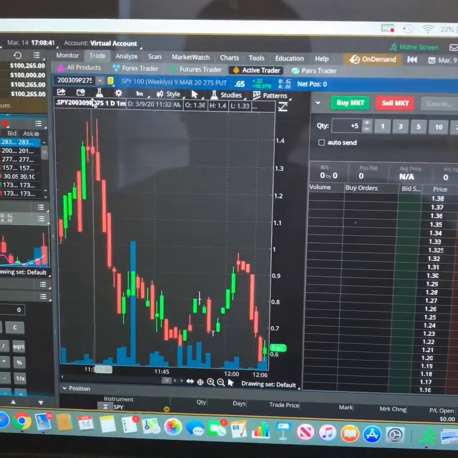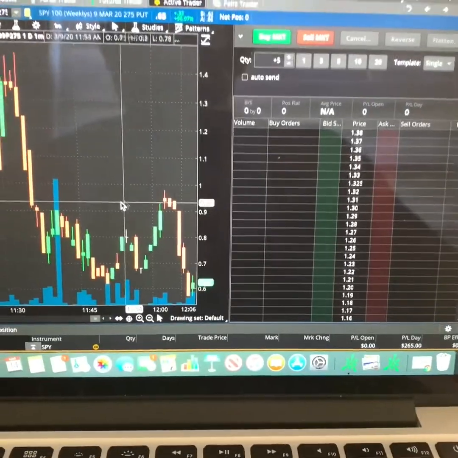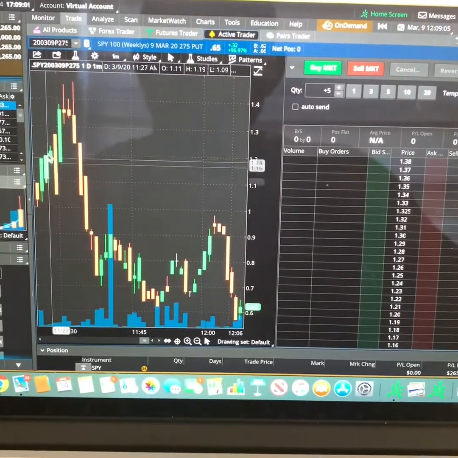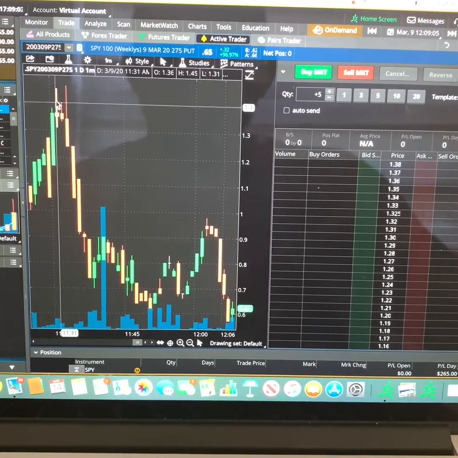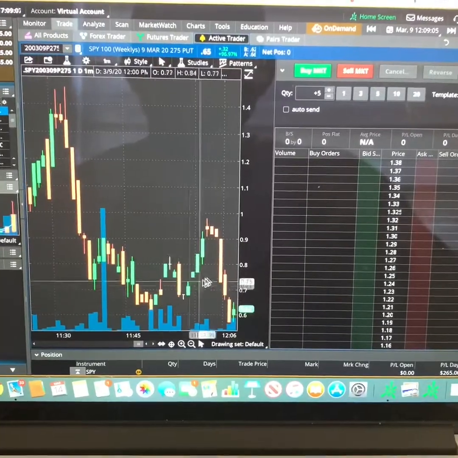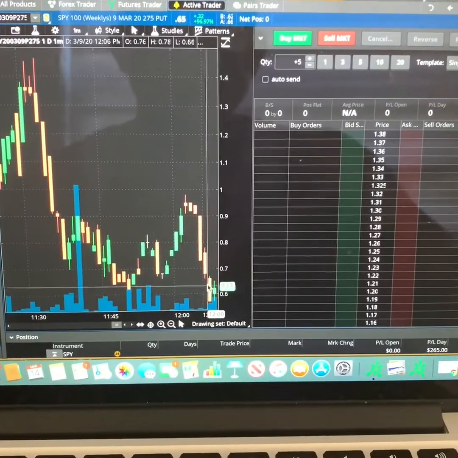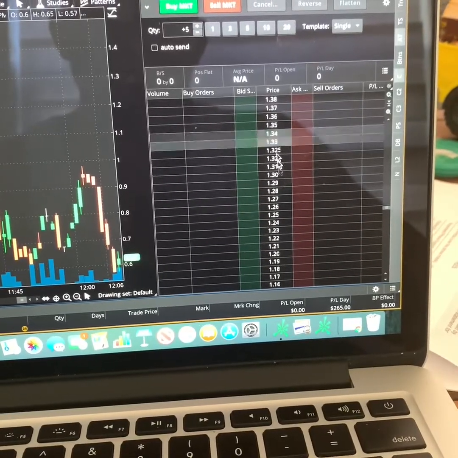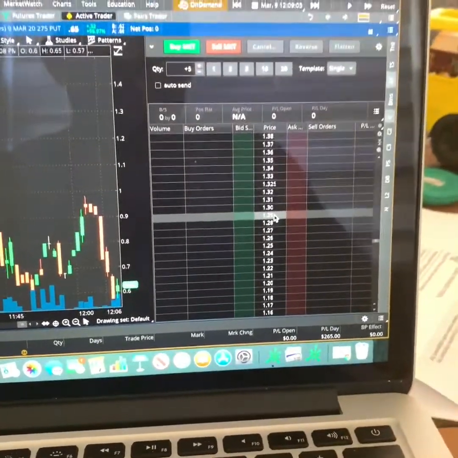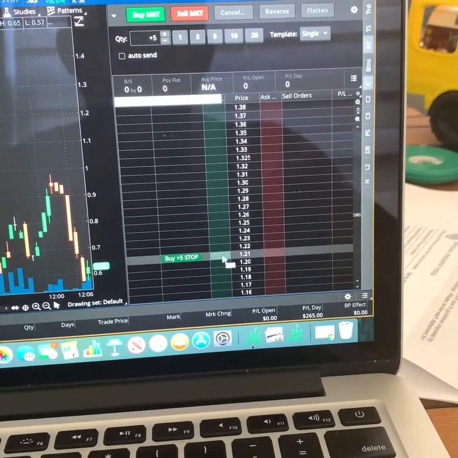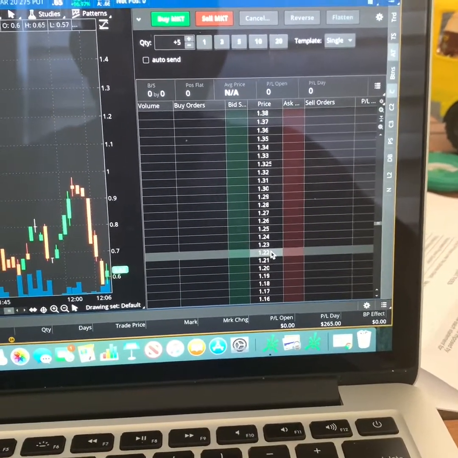I already have it here, but once you copy and paste, it shows you the graph of the options. You can see at one point it was over here, like $1.45, and it's gone to its lowest point over here. It's also going to show you the prices on this little thing, and this is where you're going to create those brackets that I was telling you about. You can do it in two ways.